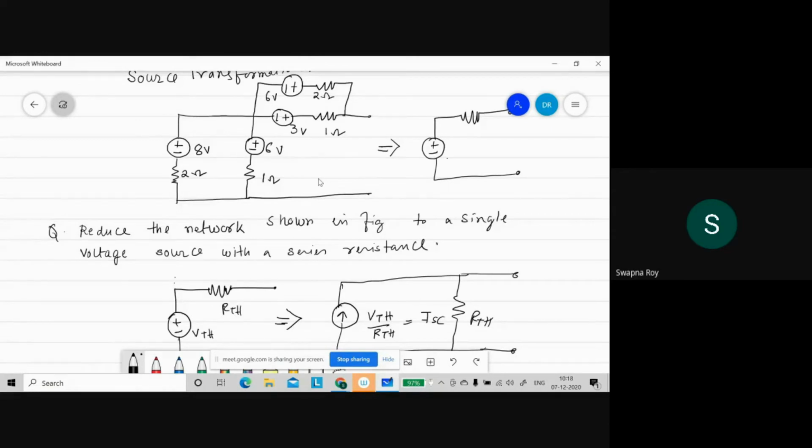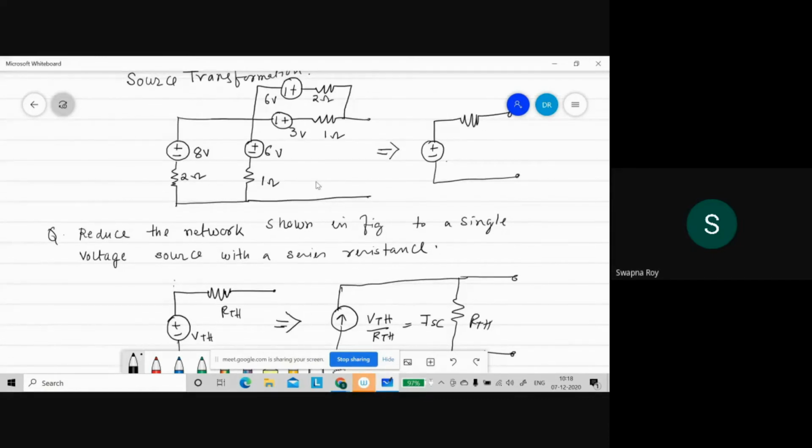Remember that an ideal voltage source is one which gives a constant voltage V irrespective of the current drawn from it, that is, the source impedance or resistance is 0. Any physical source is represented by a resistance in series with an ideal voltage source.